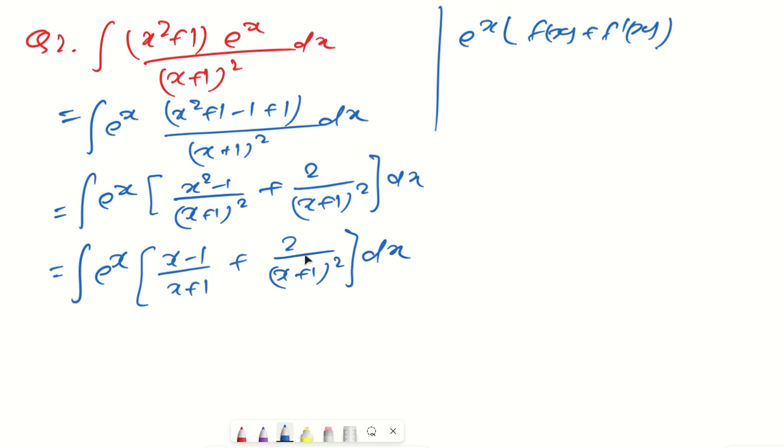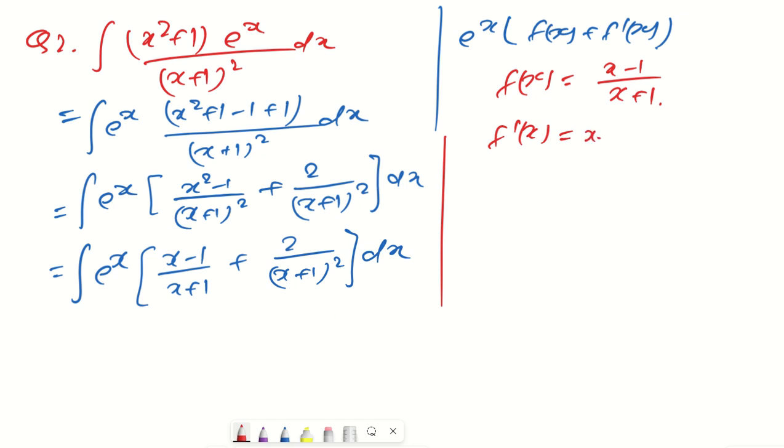Now let us say that this is my f of x, then what will be my f dash x? Let's just prove it and see whether it is happening or not. Let my f of x be (x minus 1) by (x plus 1). So f dash x is [(x plus 1) into 1 minus (x minus 1) into 1] divided by (x plus 1) whole square.